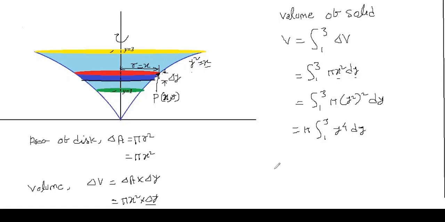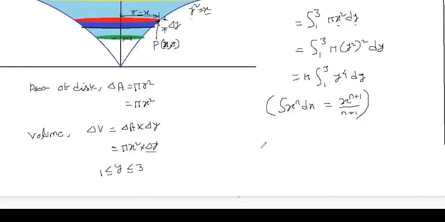Now this is a very simple generalized integral where you need to use the formula which you have used before also, that is, the integral of x to the power n dx is equal to x to the power n plus 1 divided by n plus 1. So by using this formula, we can finally write the volume as pi. Here the n is 4.